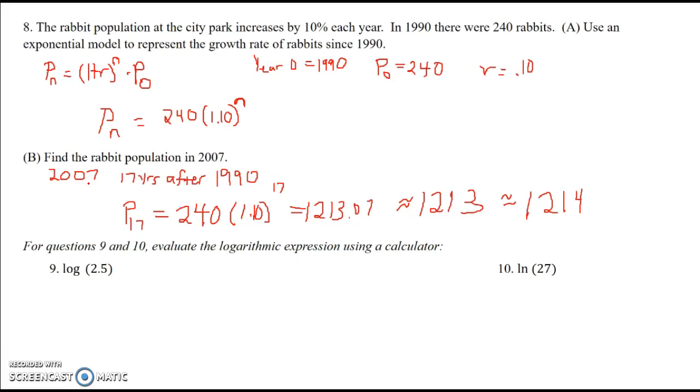All right, now we have 9 and 10. So basically we're just going to use the calculator. We're going to put log 2.5 into the calculator. And when I do that, I get 0.39794.